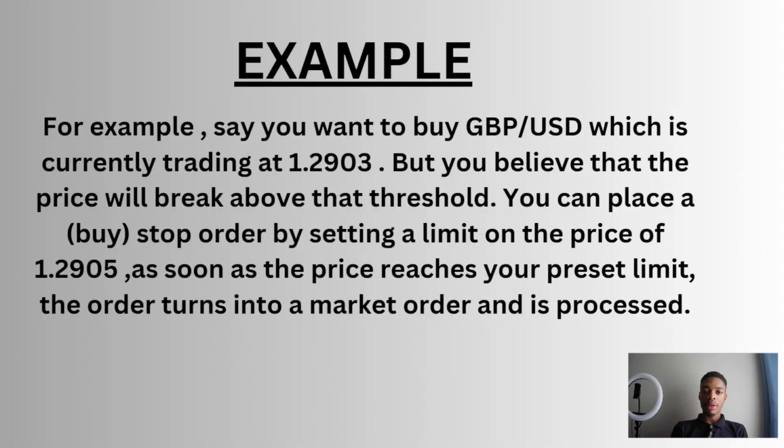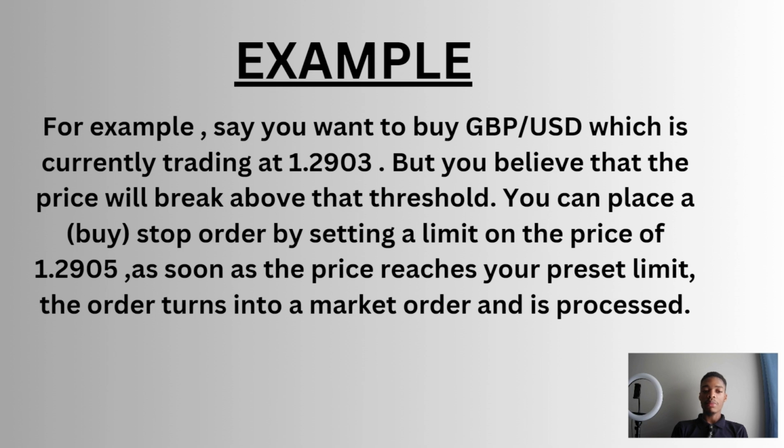So an example of a buy stop. Now, for example, say you want to buy GBP USD, which is currently trading at 1.2903, but you believe that the price will break above that threshold. You can place a buy stop order by setting a limit on the price of 1.2905. As soon as price reaches your preset limit, the order turns into a market order and is processed.